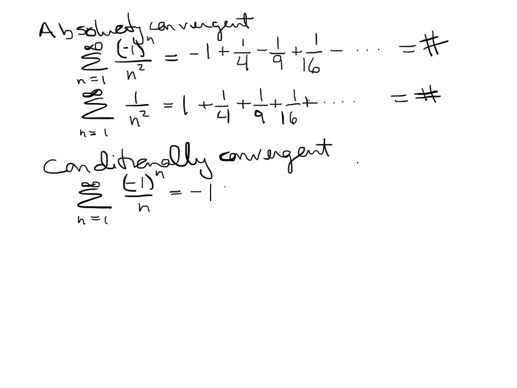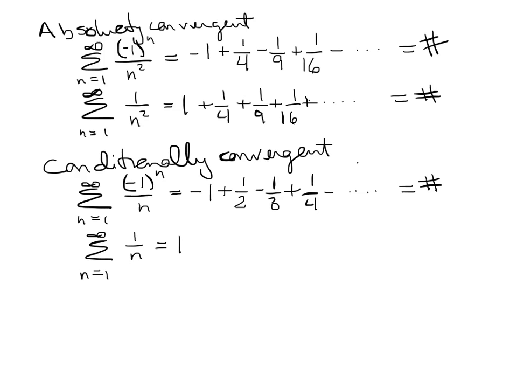So negative 1 plus 1/2 minus 1/3 plus 1/4. If that continued, we'd get a number. And then the weird part of this is that if it's just 1 over n, so if we had 1 plus 1/2 plus 1/3 plus 1/4, and we kept adding there, we'd get infinity.